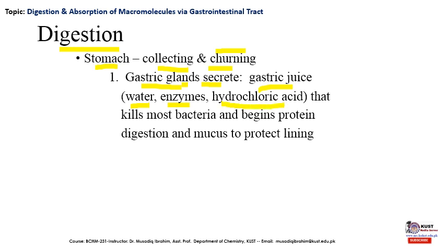The purpose of this gastric juice is to kill most bacteria present within the food and begin the protein digestion. The gastric glands also secrete mucus to protect the inner lining of the stomach from the effect of hydrochloric acid.